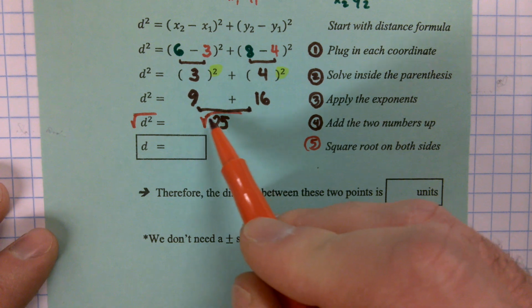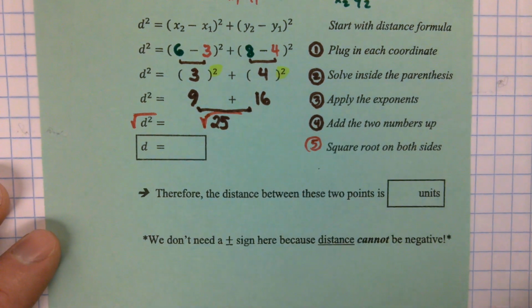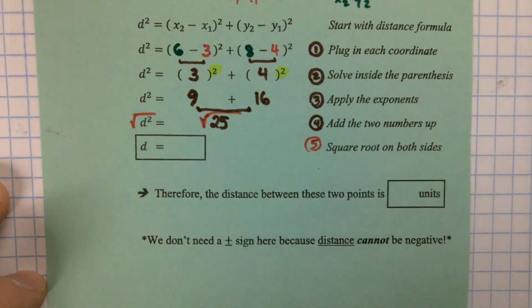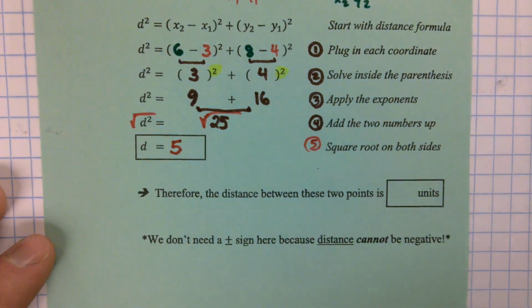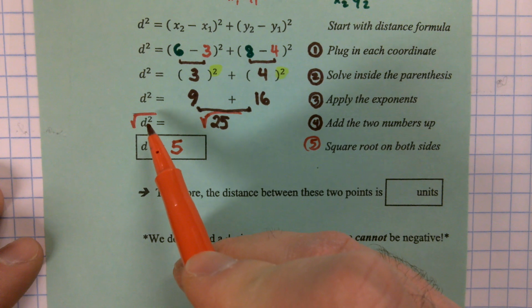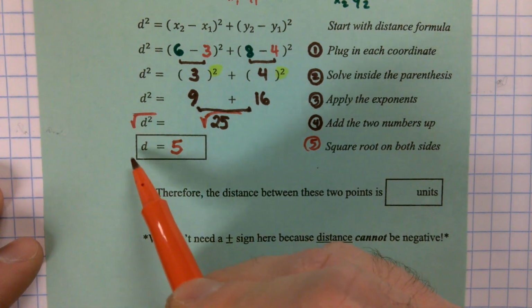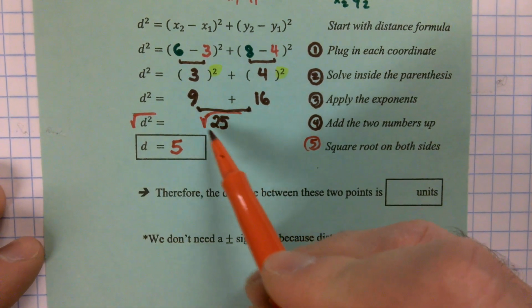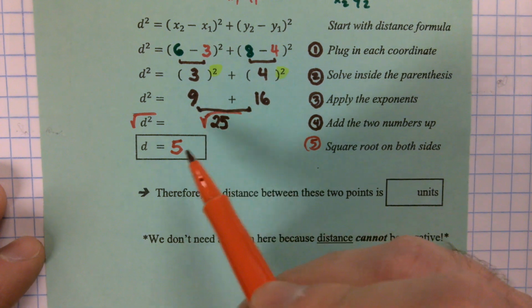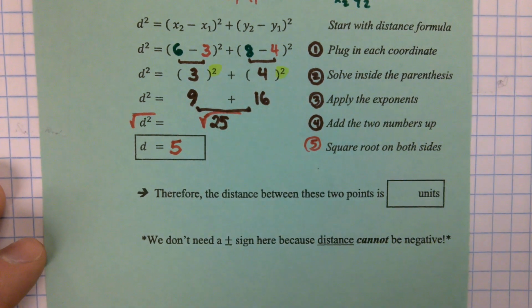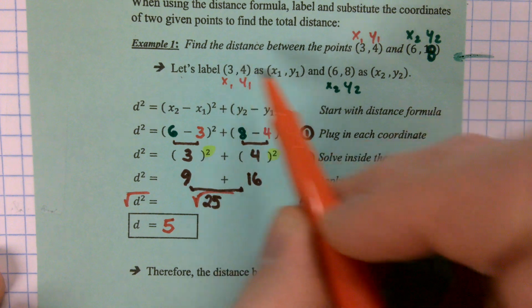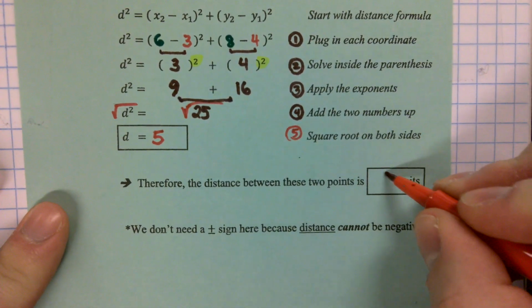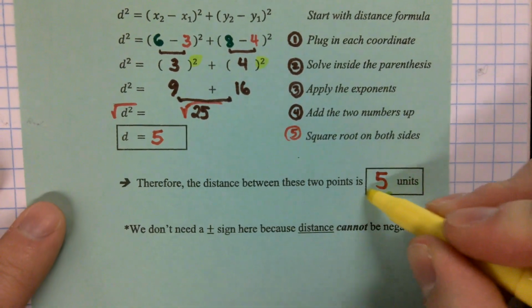What would the square root of 25 give me? 5. D squared, when we take the square root, simplifies to just d. 25, when we take the square root, simplifies to 5. Therefore, the distance between these two original points is 5 units.